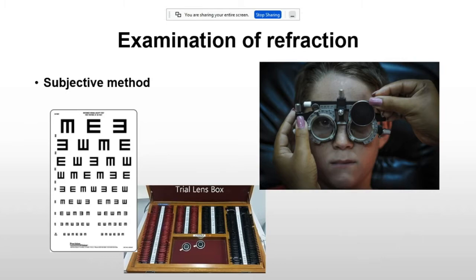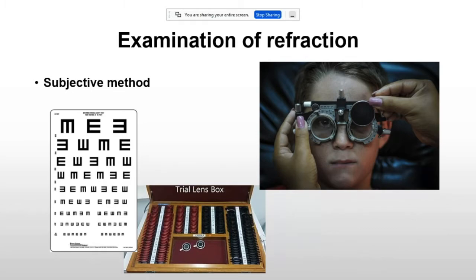So, how do we examine refraction? What I mentioned is we do clinical refraction. We are not doing physical refraction. We can measure the two main meridians of the cornea as numbers of diopters only to calculate the intraocular lens.